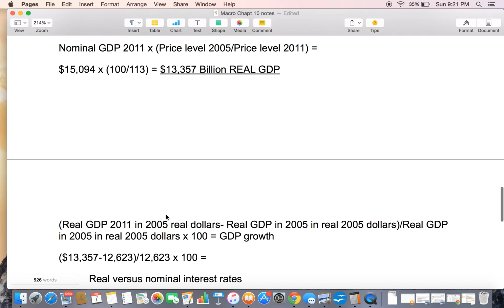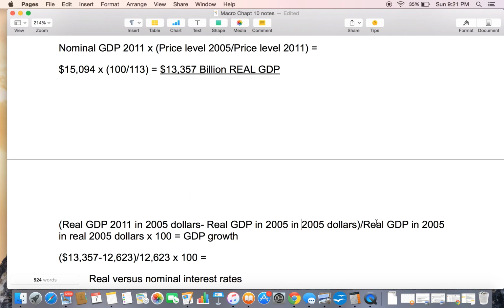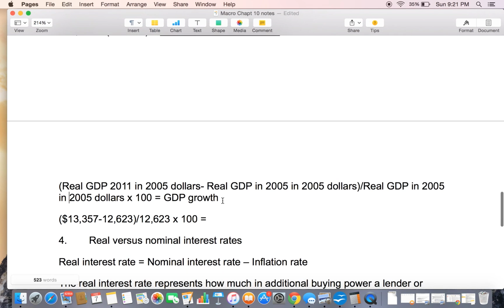So as we did before, we want to calculate growth, so we take the real GDP from 2011 in 2005 dollars, minus the real GDP in 2005 in 2005 dollars, divided by the real GDP in 2005 in 2005 dollars, times 100 will give us the total GDP growth percentage.